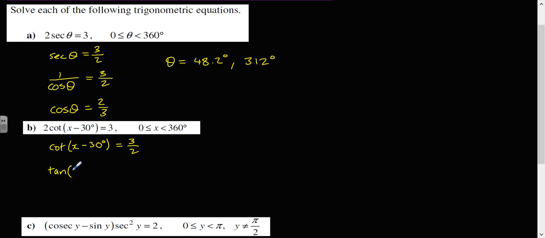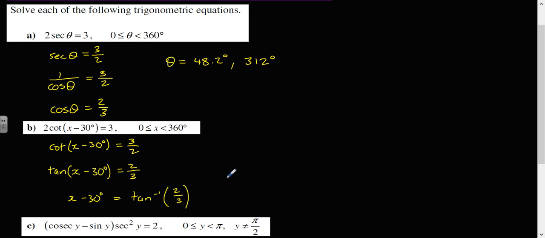So we know that tan of x minus 30, because tan is what cot is related to, it's 1 over tan. So we're just going to then use the reciprocal of that fraction, tan of x minus 30 equals 2/3. And we're going to solve our equation. So we use arc tan of 2/3 this time.